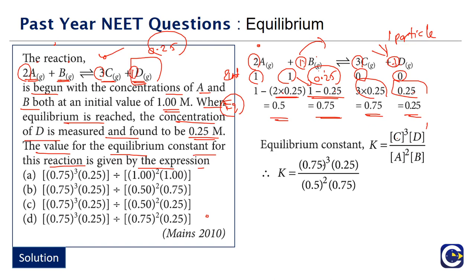C is 0.75, so 0.75 cubed into D, which is 0.25, divided by 0.5 squared into 0.75. Check it, where is this answer? It is option B.